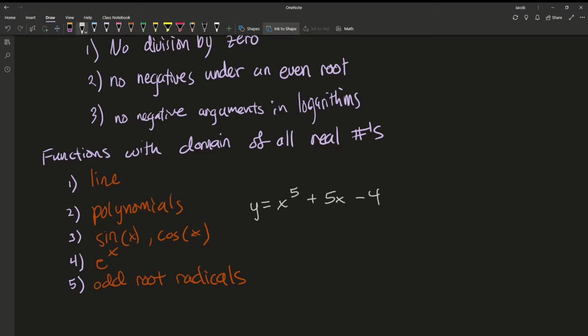Sine and cosine have a domain of all real numbers. E to the x, and any base to the x, will produce a domain of all real numbers. And then odd root radicals, like the cube root of x or the 17th root of x, would produce a function with domain of all real numbers.